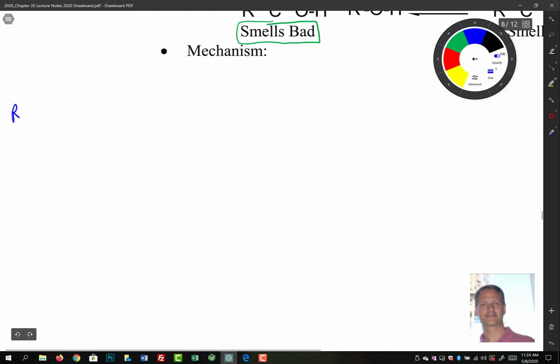Let's take a generic carboxylic acid here, and let's add sulfuric acid to that. Sulfuric acid is HOOH on the other side, and a bunch of lone pairs there.